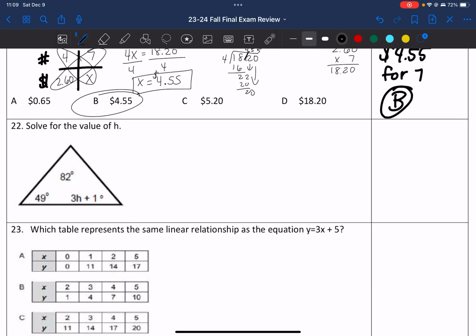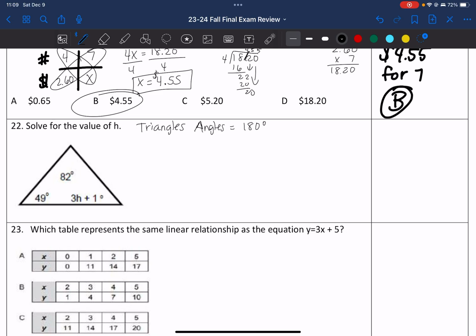Okay, let's go to number 22. Solve for the value of h. All you have to do here is understand that the angles of a triangle equal 180 degrees.